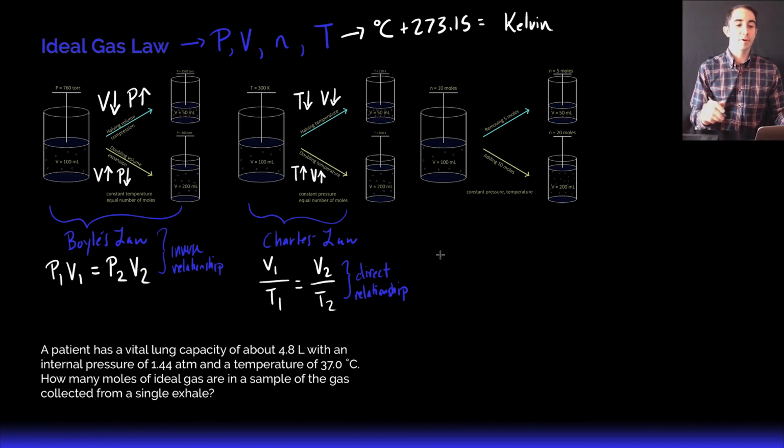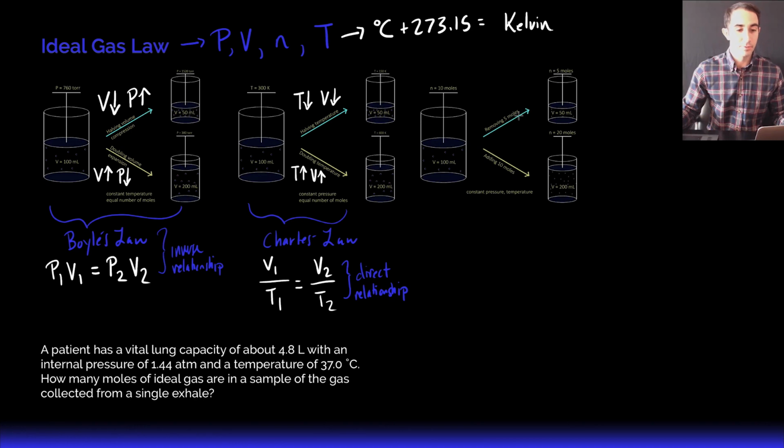So our last experiment is going to be called Avogadro's Law. And Avogadro's Law is much like blowing air particles into a balloon. If you add moles, you should see that the volume increases. If you remove moles, you should see that the volume decreases. So let's take a look at it in the context of this experiment.